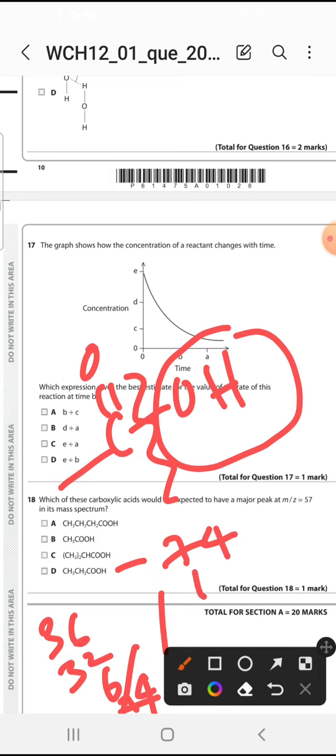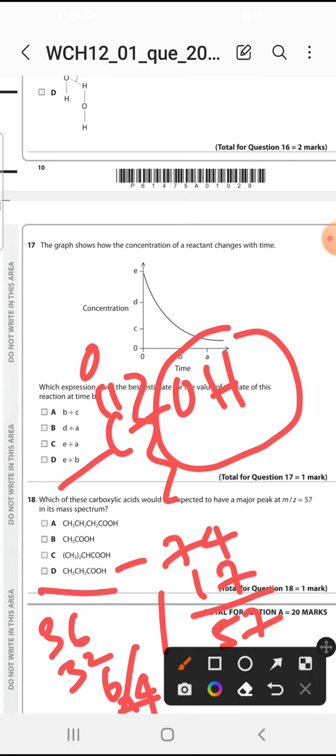When you subtract 17, how much would it be? 57, right? So when you remove OH from D, you get 57 as the major peak, because I told you the functional group is the most susceptible one to break in the ionization chamber. So the answer will be D.